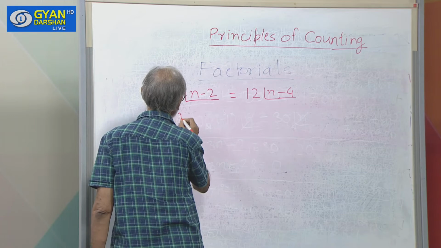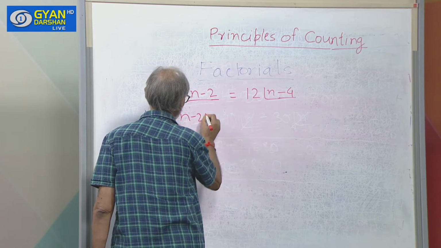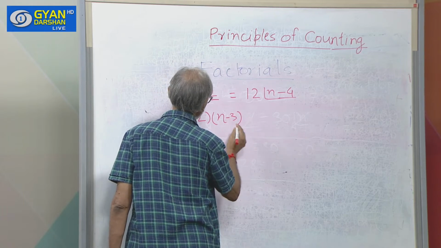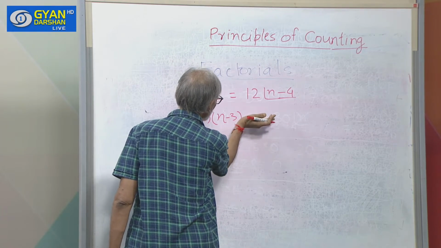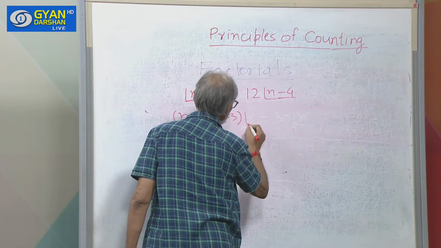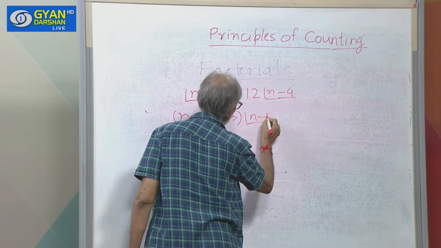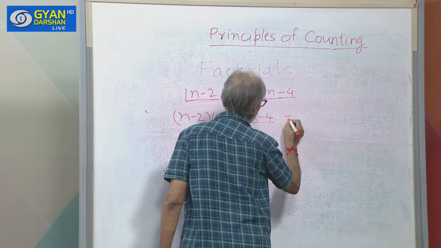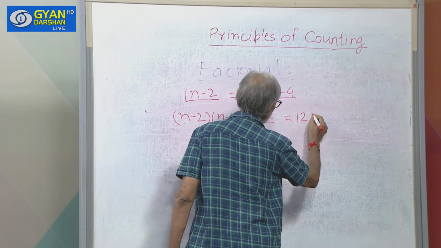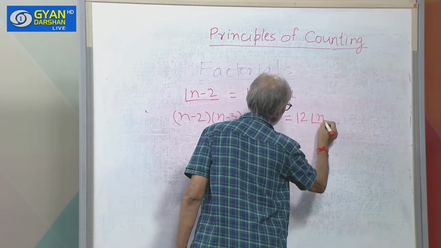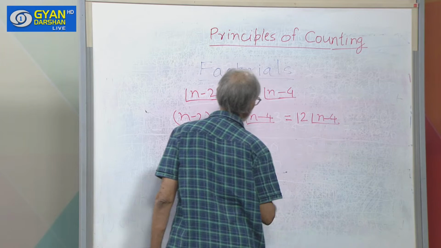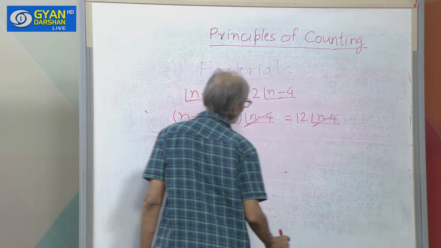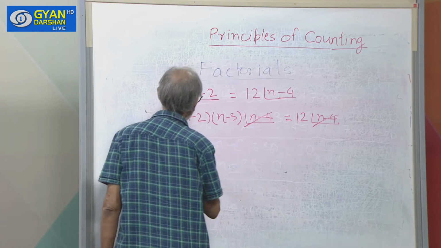It will become (n-2)(n-3) and again (n-4) till 1. So, we write it (n-4)!, because (n-4)! is here also, so this will cancel out, will be equal to 12 times (n-4)!, and factorial n minus 4 is on both sides in multiplication, so it will cancel out.